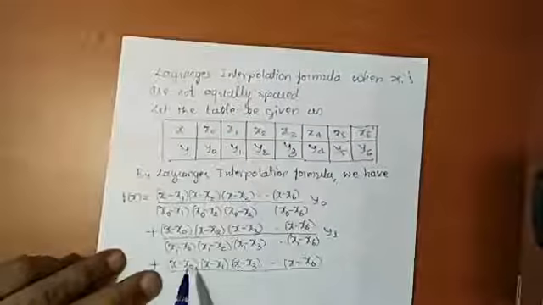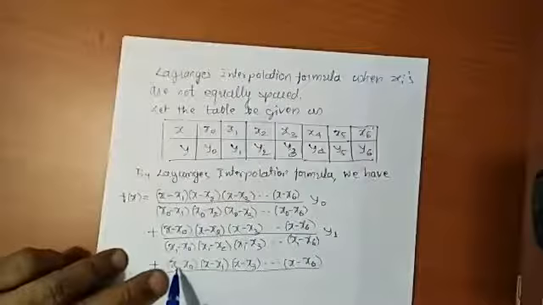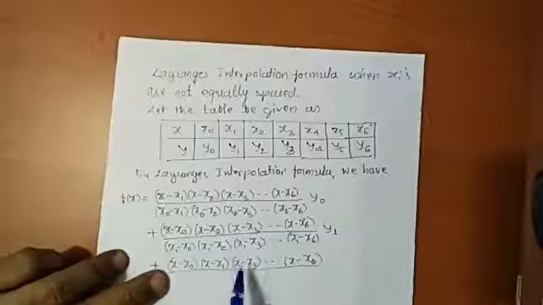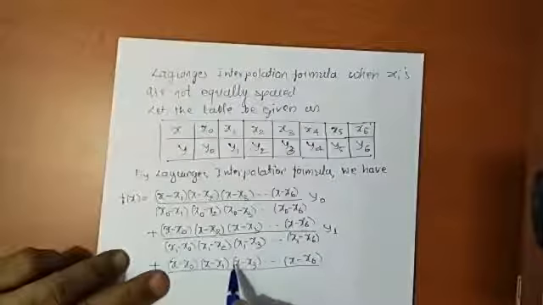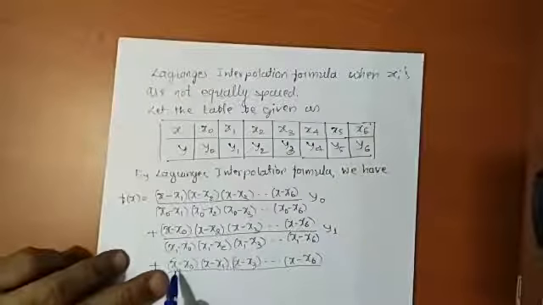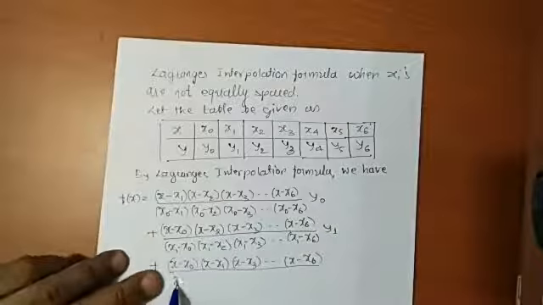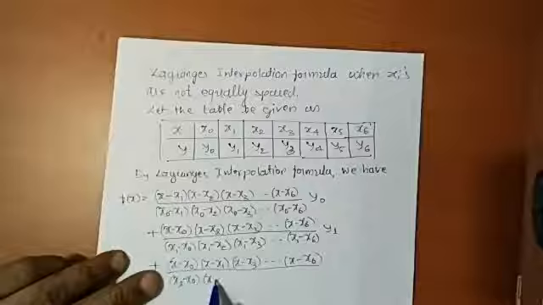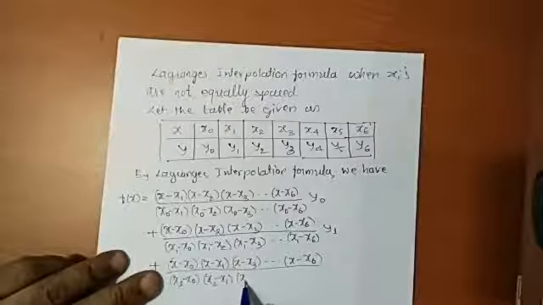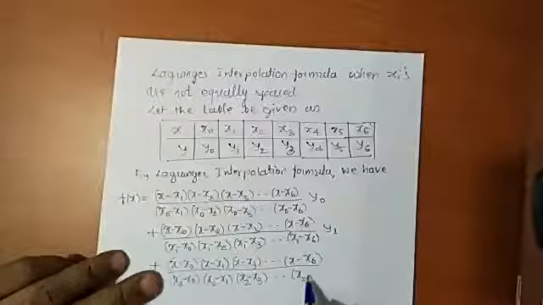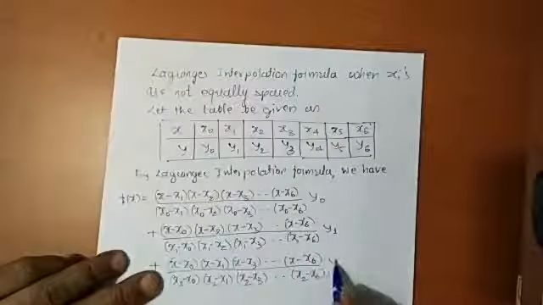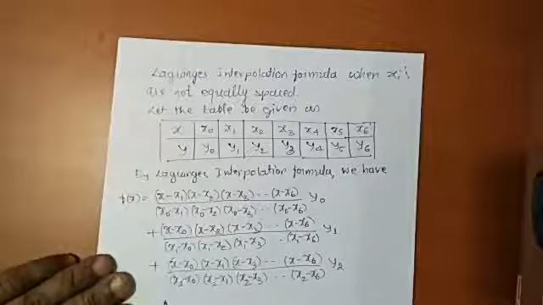Then in the denominator, what should I do? Replace this x by x2 now, because in the numerator x minus x2 is not there. So I replace x by x2. So it is x2 minus x naught into x2 minus x1 into x2 minus x3, and so on, x2 minus x6, times y2. So like this I continue.